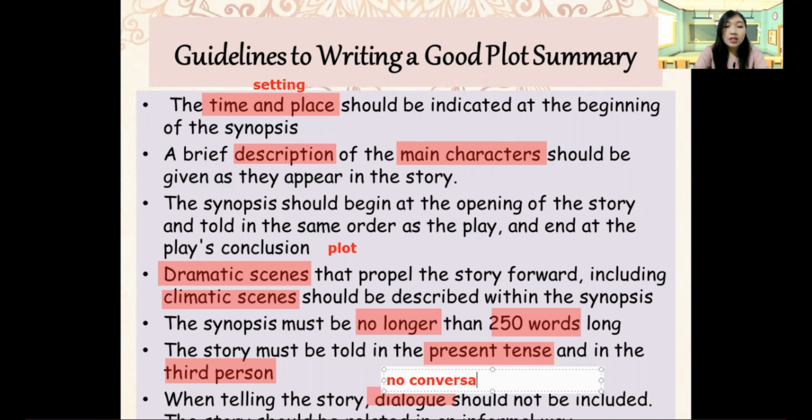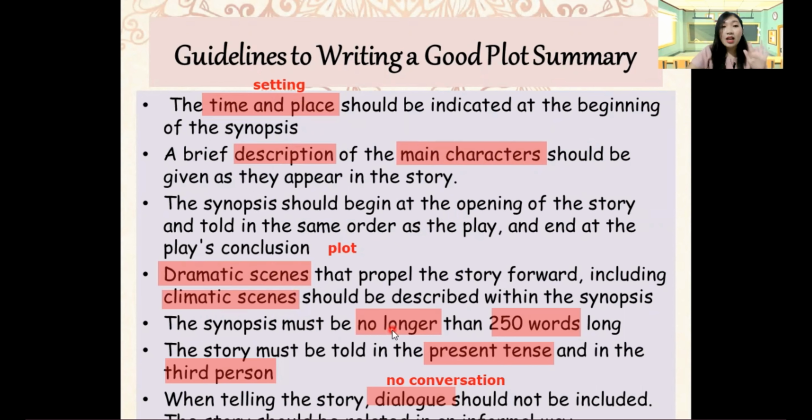Okay, so let's try to review the following guidelines again. So first is to always have a setting. Next is to write the description of the most important characters in the story. Third is to write the plot in order. Fourth is to include dramatic scenes or climactic scenes.